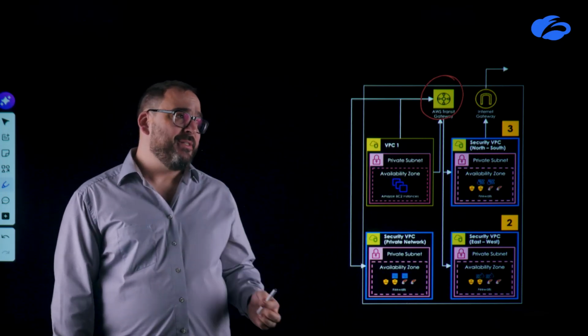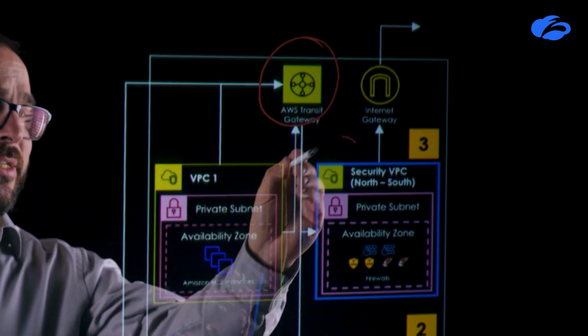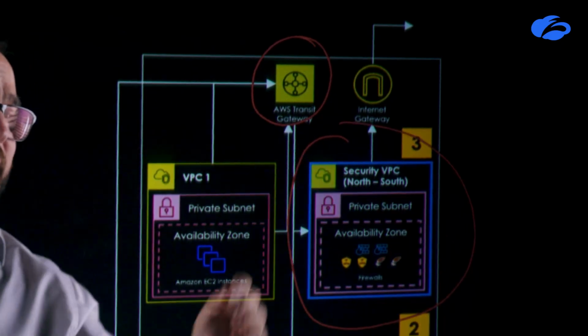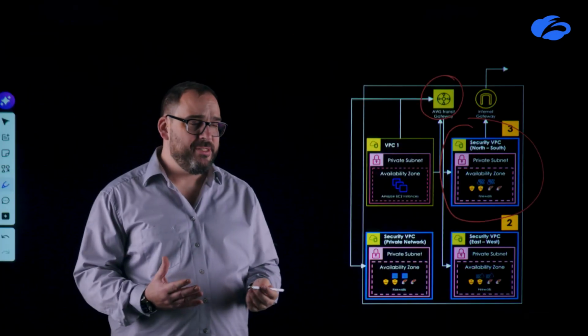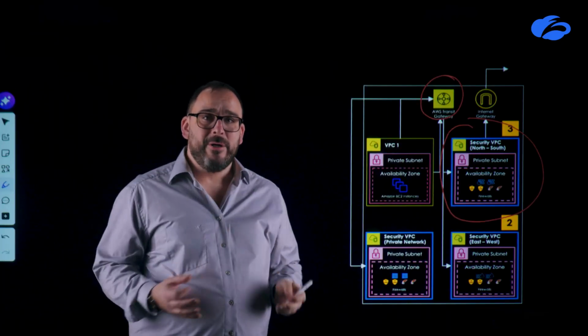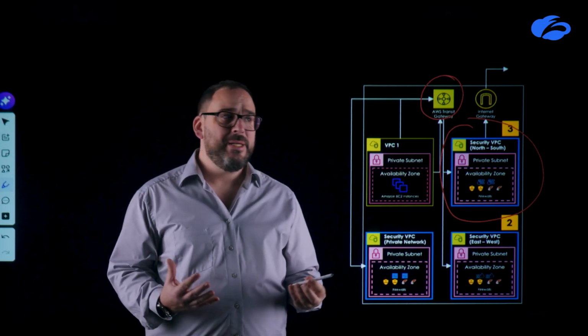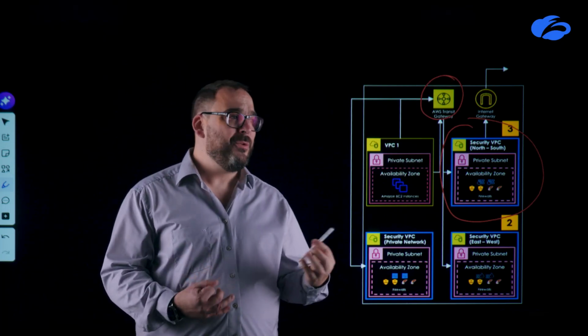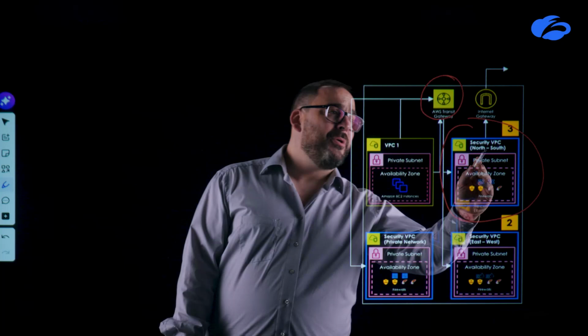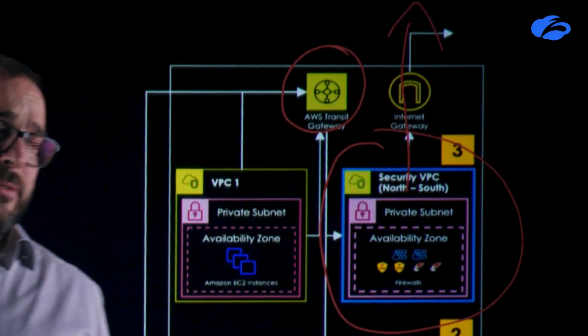Very often, and as you can see here, it starts with a north-south security VPC. So in this north-south security VPC, we are bundling all the functions and capabilities that you want to apply to the traffic from your workloads out to the internet.